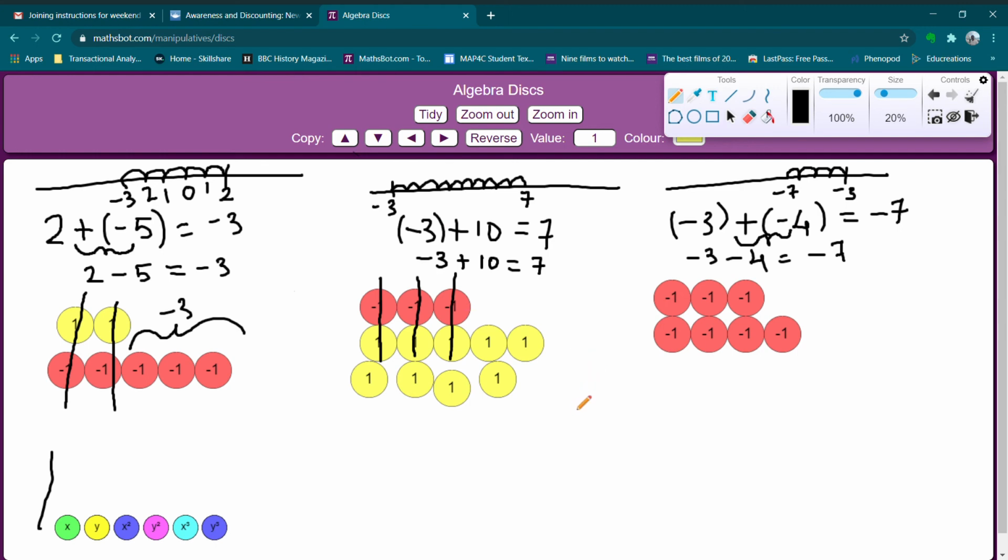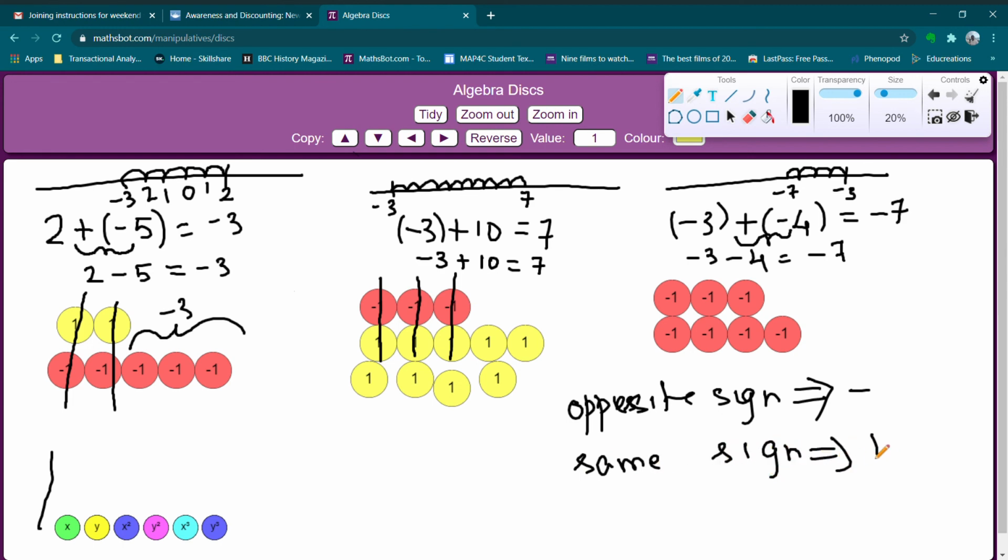So the rule is when you see opposite signs, like one outside and one inside the bracket, you make it into a negative. If you happen to have the same sign, then you will make it into a positive. So opposite signs negative, same signs positive.